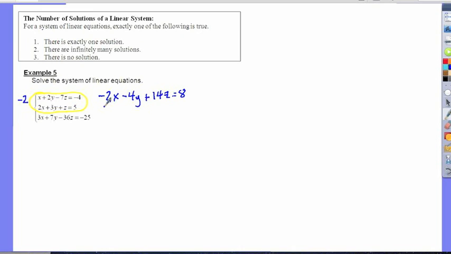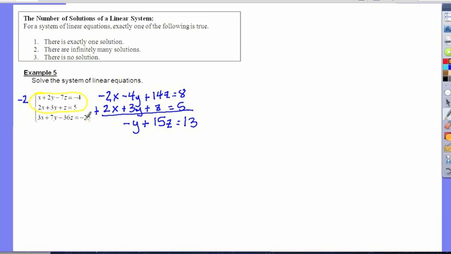Second equation didn't change any. 2x plus 3y plus 1z equals 5. Add them together. X's are gone. You get -y plus 15z equals 8 plus 5 is 13.